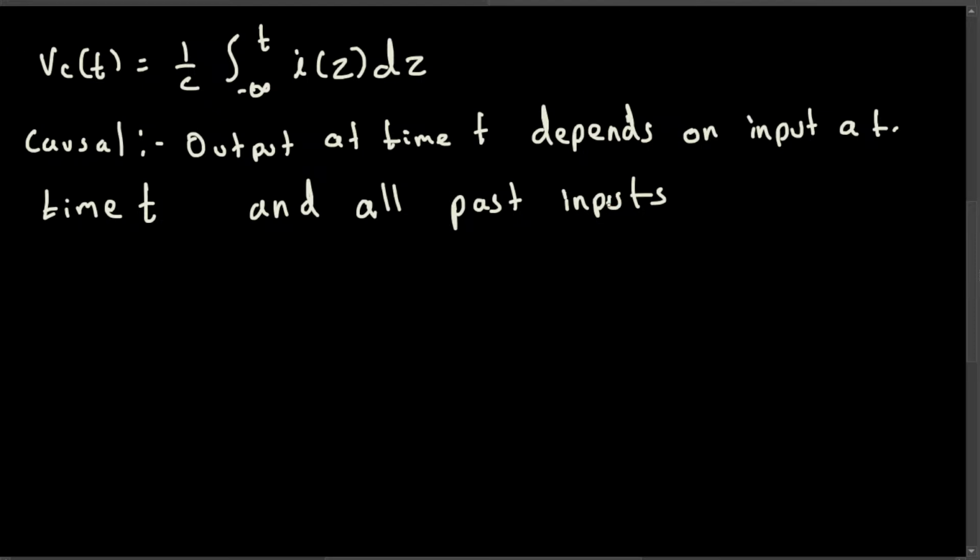So this one, the case is that it depends on all the past inputs as well. Like negative infinity to t, there's a lot of time in between, so it depends on that as well. Therefore, this system is causal.